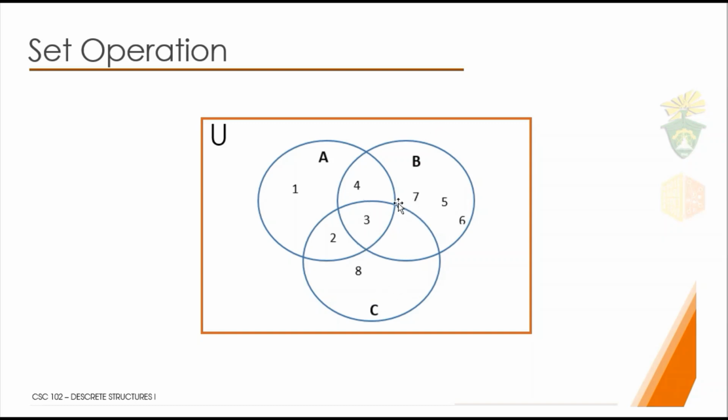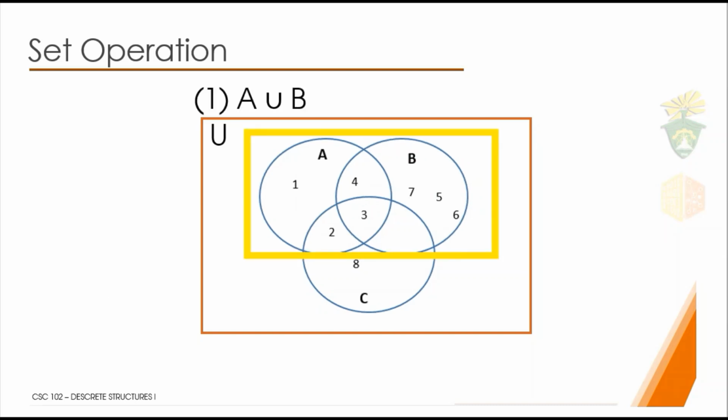Since B and C don't have any common elements, this part here is empty. Okay? Now 3 is the common element of A, B, and C. Now, the first question is the union of A and B. If we say the union of A and B, these are all the elements: 1, 2, 4, 3, 7, 5, and 6.